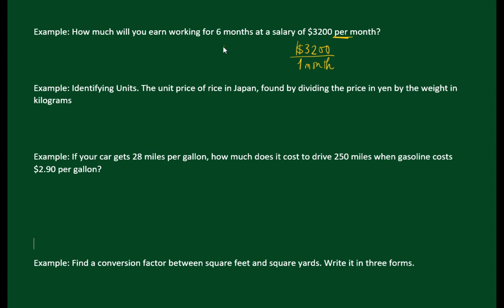And then we calculate this for 6 months. As you see, once you multiply, you can also do the unit analysis. The months will cancel, and then you will get the final answer in dollars only, because the month unit is canceled.